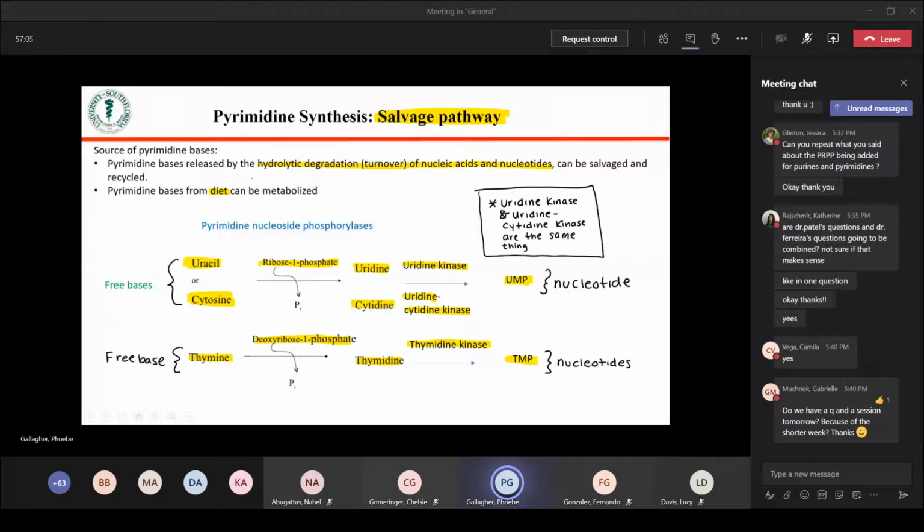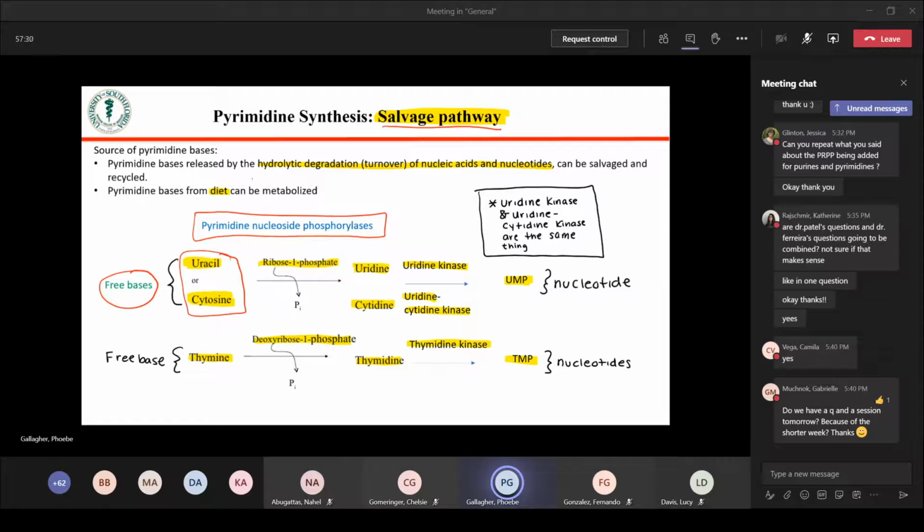Okay, so now we'll start talking about the pyrimidine synthesis for the salvage pathway. So here you'll have your free bases that you get from your diet or whatever. And you'll have either uracil or cytosine because they go both through the same exact enzymes. So first they'll go through this pyrimidine nucleoside phosphorylase.